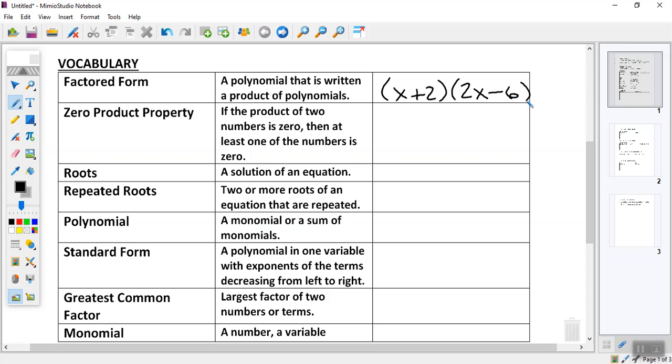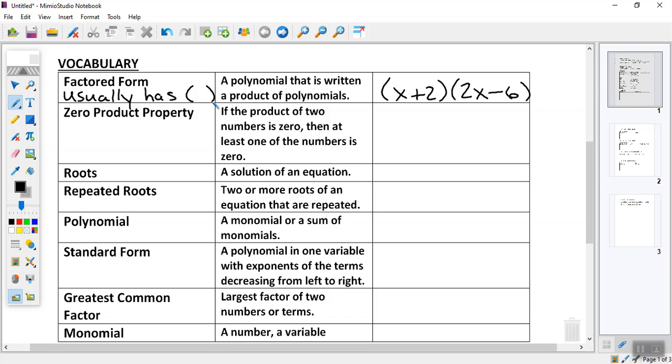Factored form usually has parentheses there. Get the notes there also. So factored form would look something like this: one polynomial times another polynomial. Two polynomials multiplied together, okay?